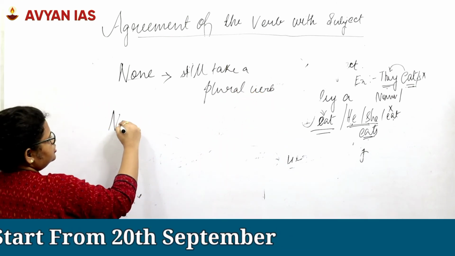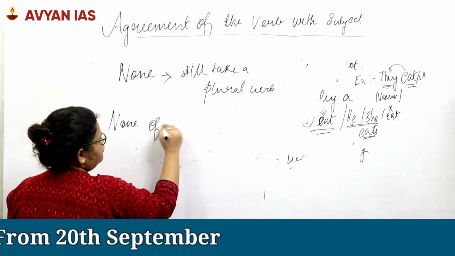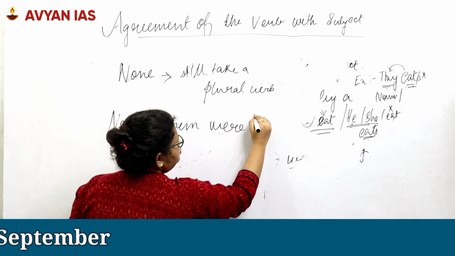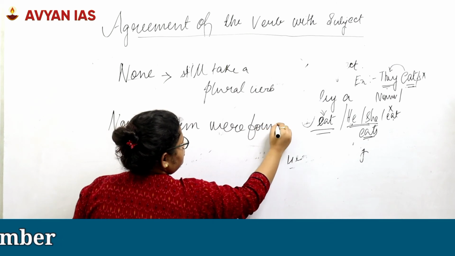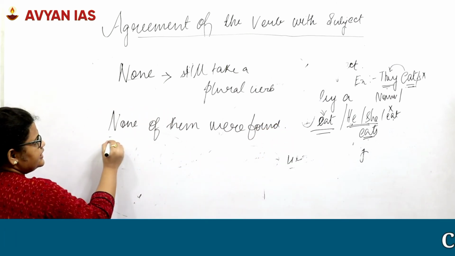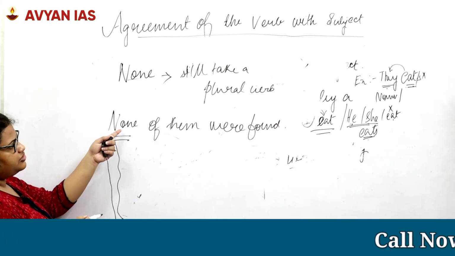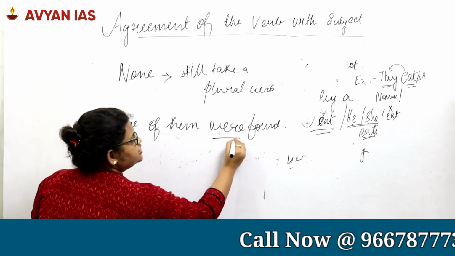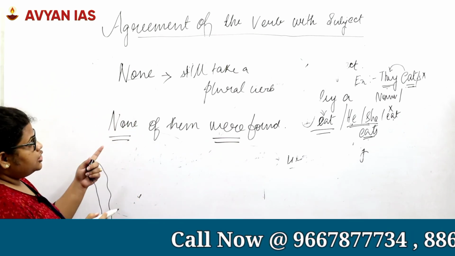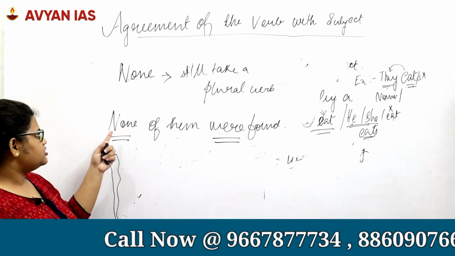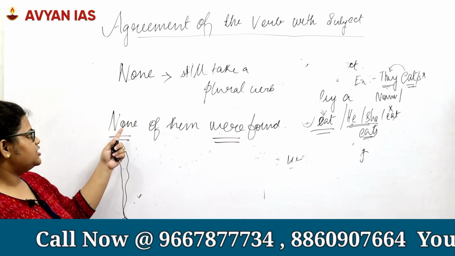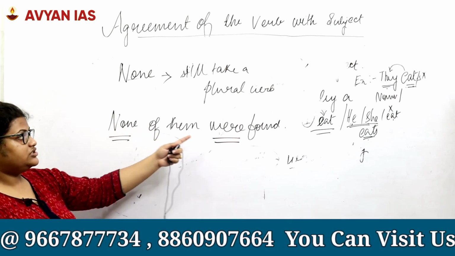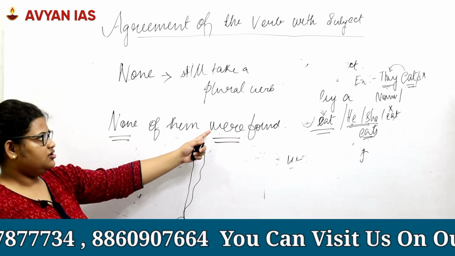For example, none of them were found. Like none, despite referring to one single person at a time, we would still use a were. You can say it is a kind of exception, but that is how we work with the word none. Although this is a singular noun, this would still take a plural verb.